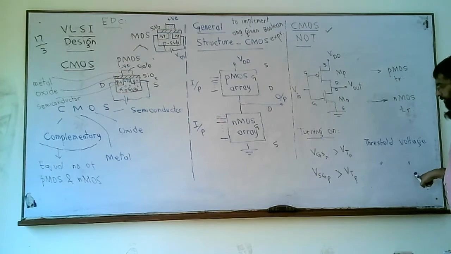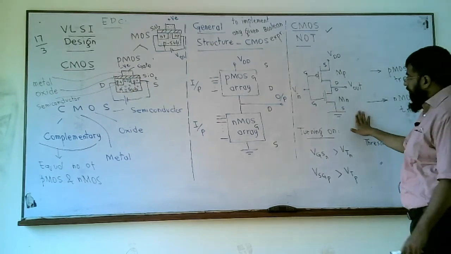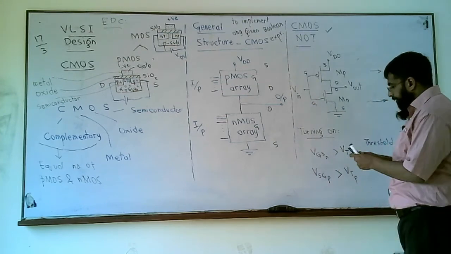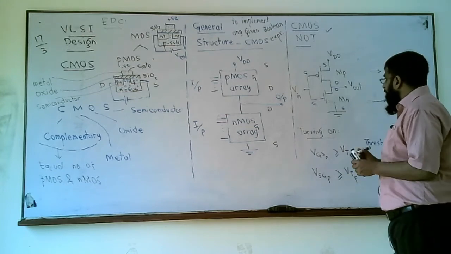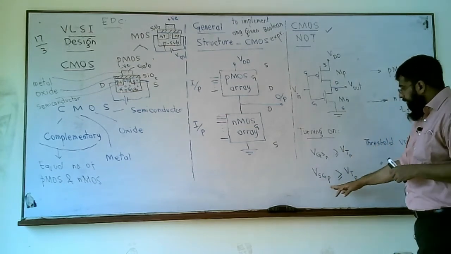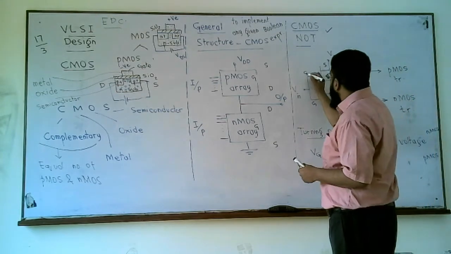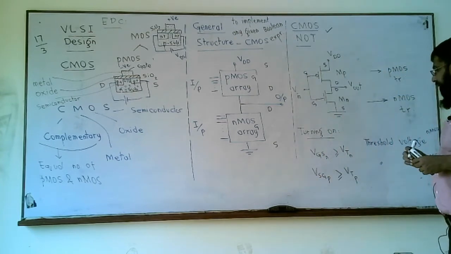We have one threshold voltage VTN for nMOS and another threshold voltage VTP for the pMOS transistor. Turning an nMOS on requires VGS between gate and source of this nMOS transistor to be greater than or equal to VTN, and turning a pMOS on requires this voltage VSG to be greater than a certain threshold VTP.